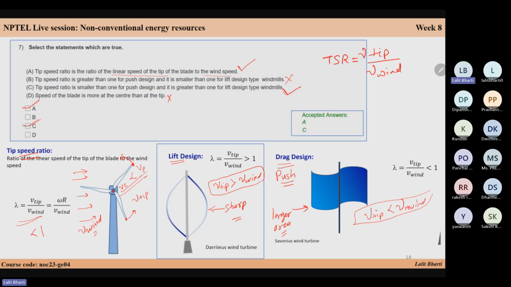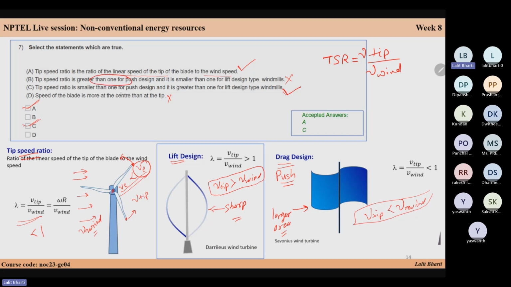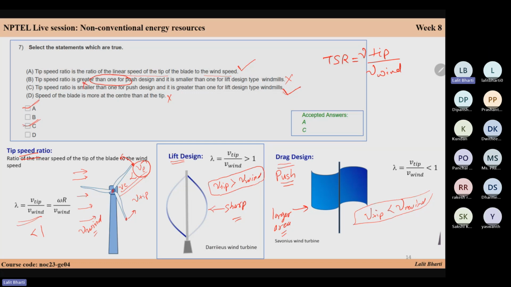The TSR is the ratio of linear speed of the tip, so at the tip, and the wind speed. Then statement B is that tip speed ratio is greater than 1 for push design and smaller than 1 for lift design, so it is wrong.